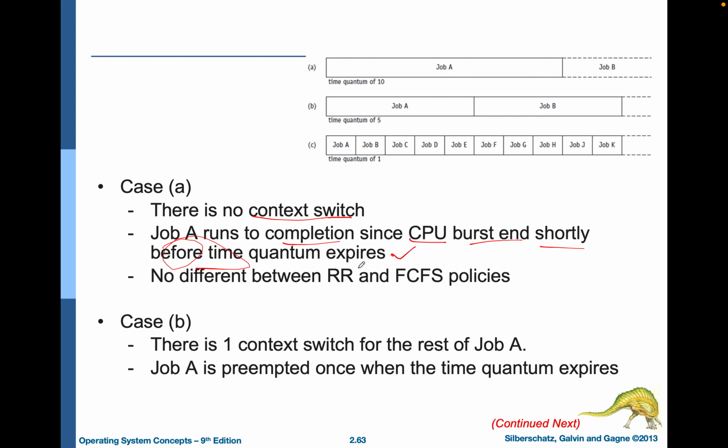No difference between if you are using the RR and also FCFS policies. While for case B, there is one context switch for the rest of the job A. Job A is preempted once when the time quantum expired.